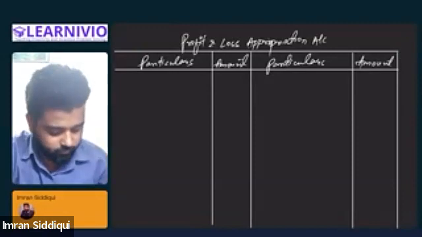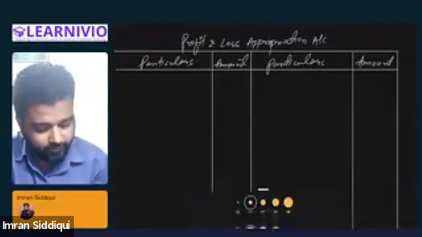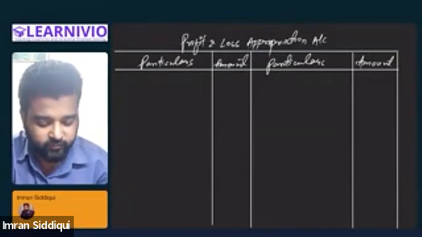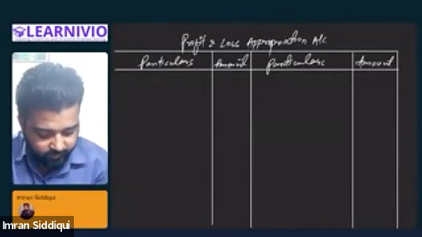As I've told you, in order to prepare the profit and loss appropriation account, the first thing we need to do is start with the profit, writing it on the credit side.